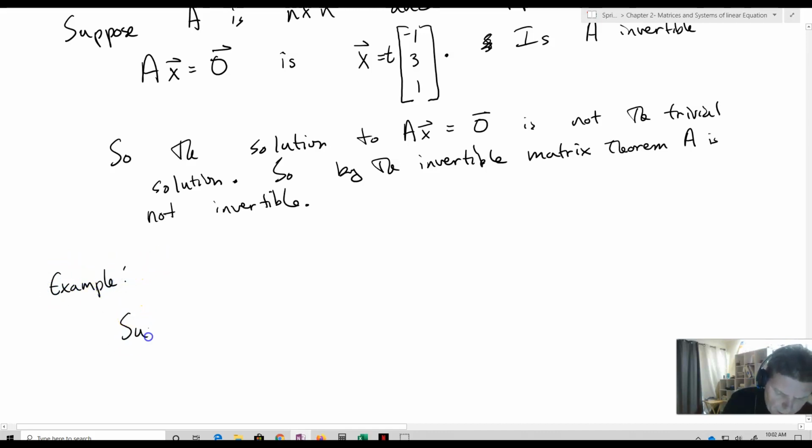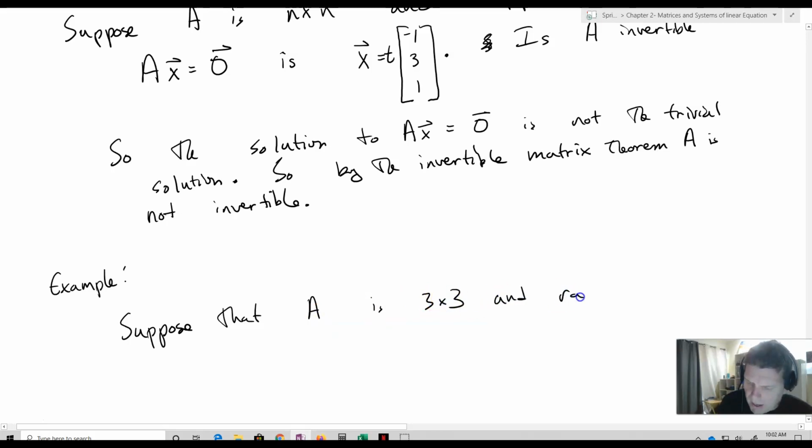All right, suppose that A is 3 by 3, and the rank of A is equal to 3. What is the solution to Ax equals 0?